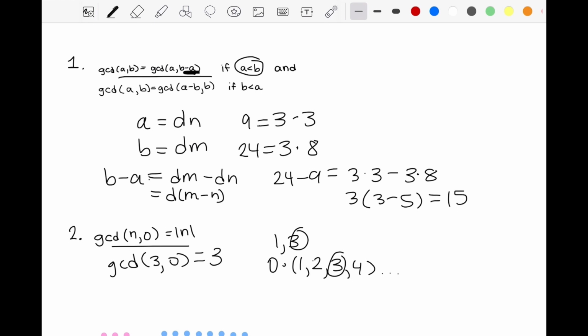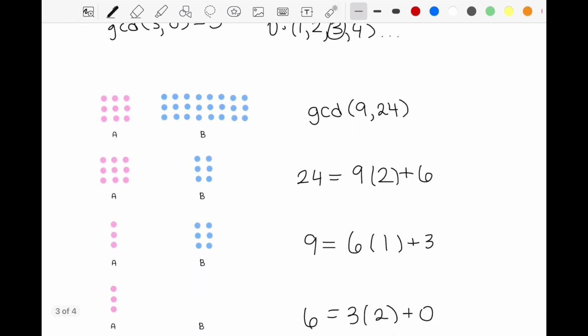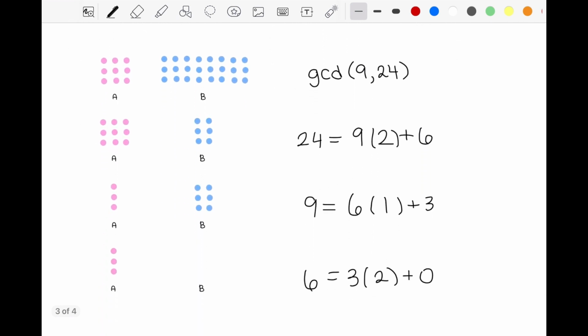Okay, so keep these two rules in mind as I go over this example. We're still looking at 9 and 24, but this time I'm visualizing it with dots. So A is representing 9 and B is representing 24.